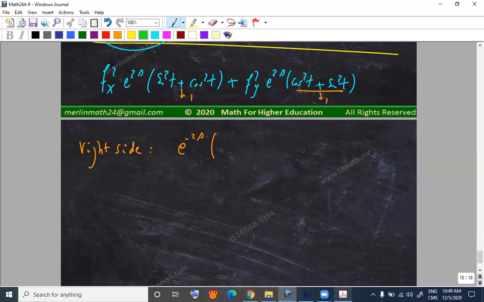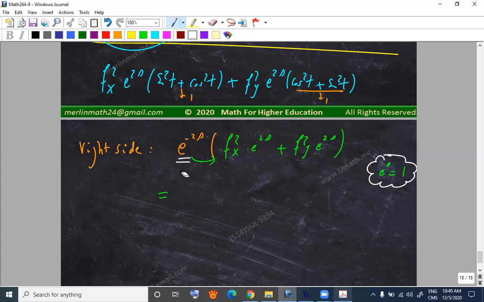What shall I write? f squared x e power 2s plus f squared y e power 2s. Simplify more. What do you do with the e's? You add them up, you get e power 0, which is a 1. So your answer would be how much? Tell me. f_x... You know from where I got this?